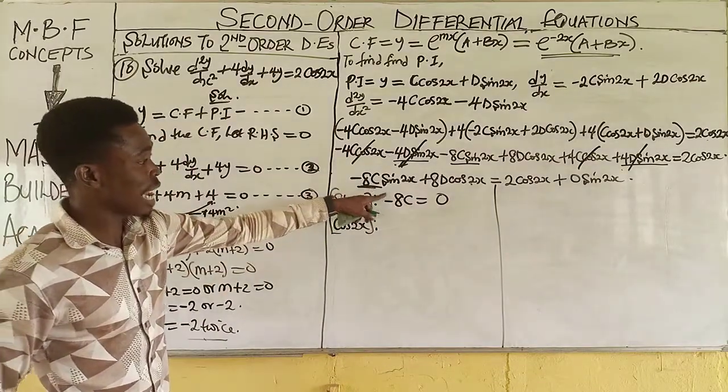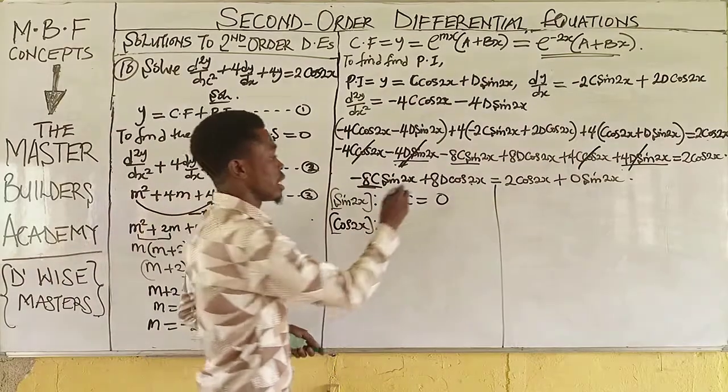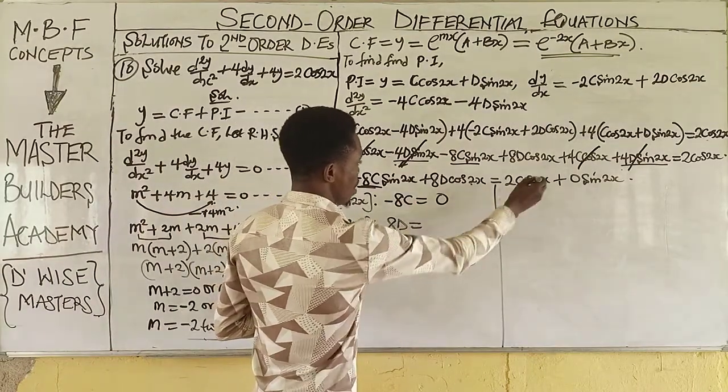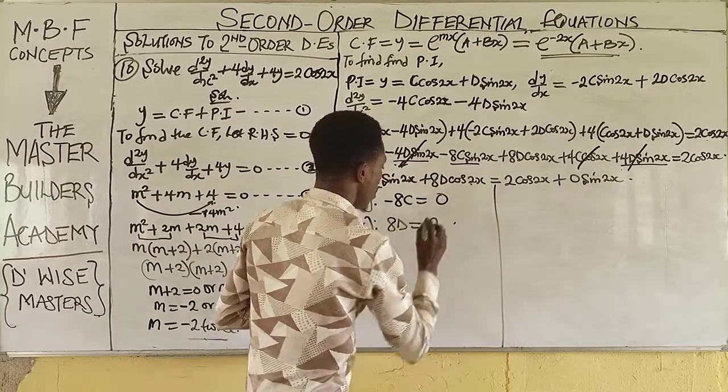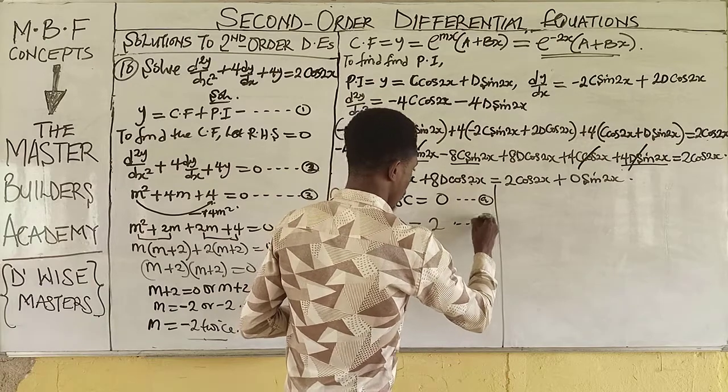Just check it. Sine at the right hand side is 0. That's the coefficient. It does not exist. Then for cos, we have 8d is equal to the coefficient at the other side, which is 2. That's it. So we can call this equation A, as usual we call this equation B.